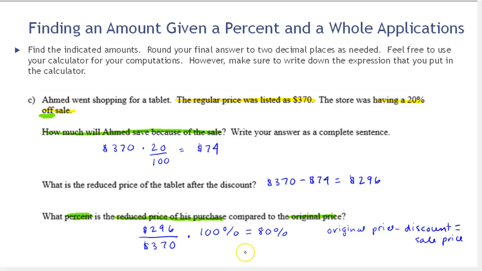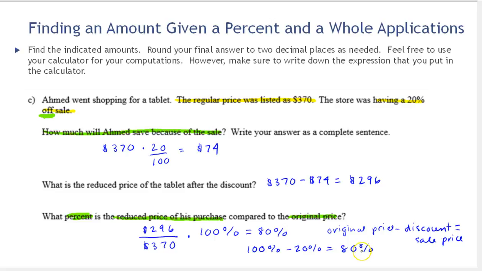And in terms of percentages, 100% minus the 20% off means that he's going to pay 80% of the original price of the tablet on the sale price.